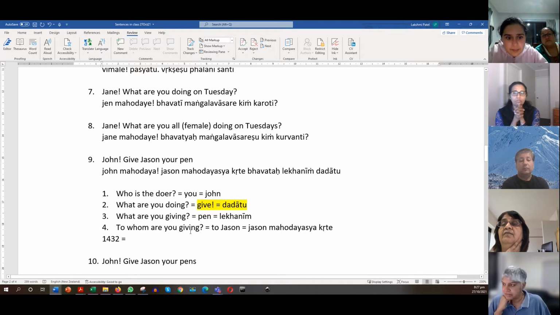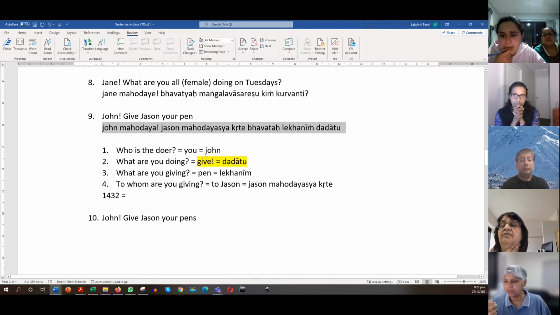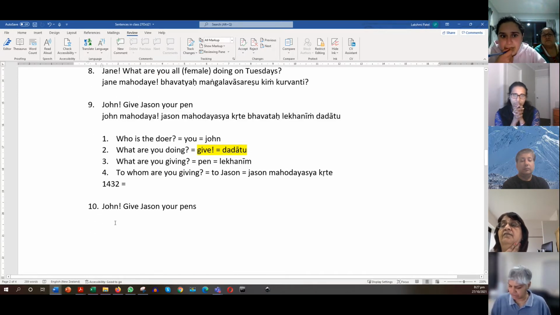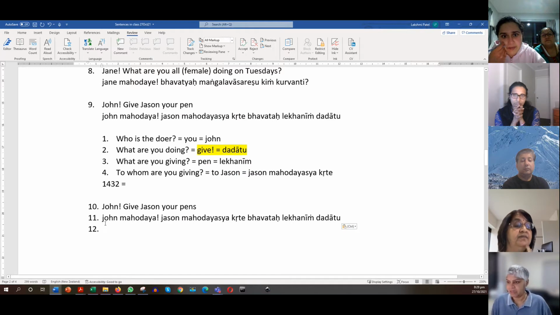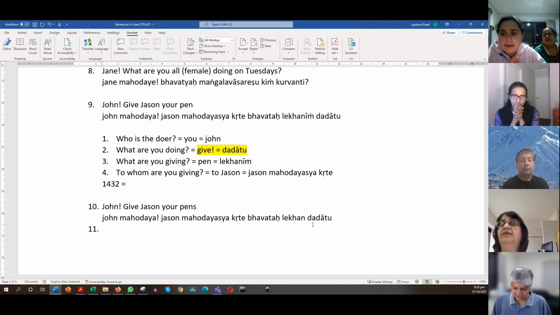Here, Mataji, the Dvitiya and Lekhanim becomes Lekhanyaha. Very good. Dadatu, so it's basically the same thing. It's the same story. All you're doing is changing pen to pens, and Lekhanim becomes Lekhanyaha.